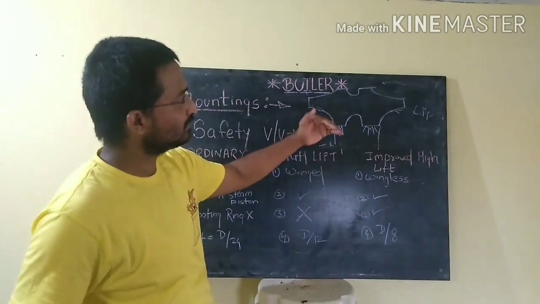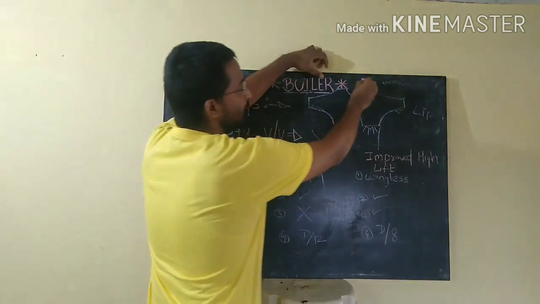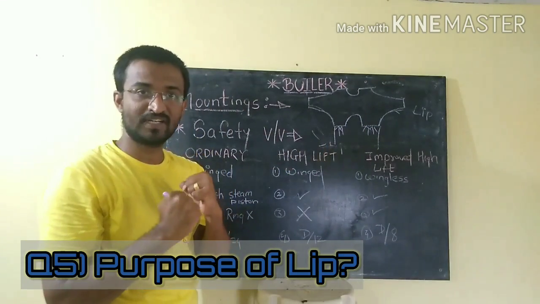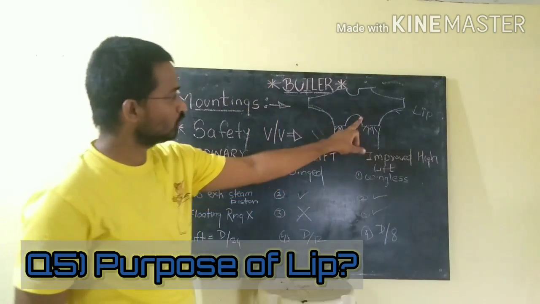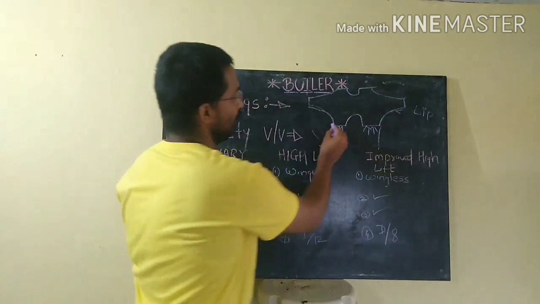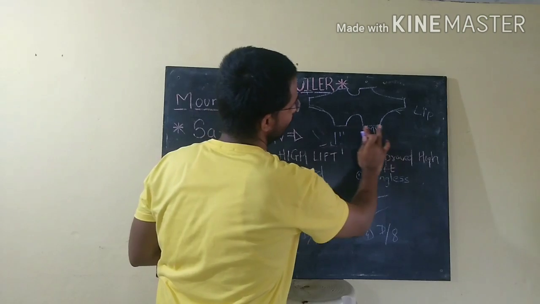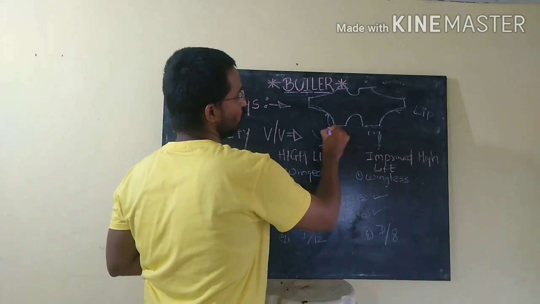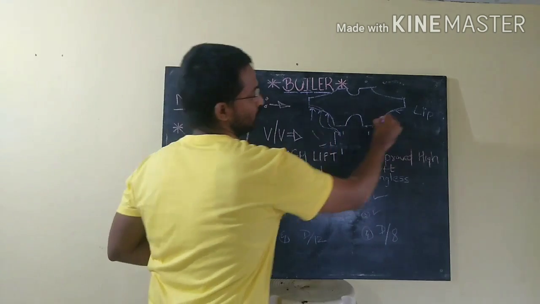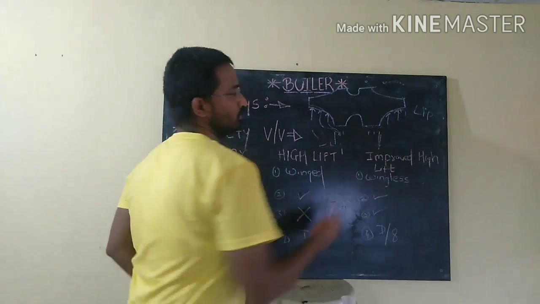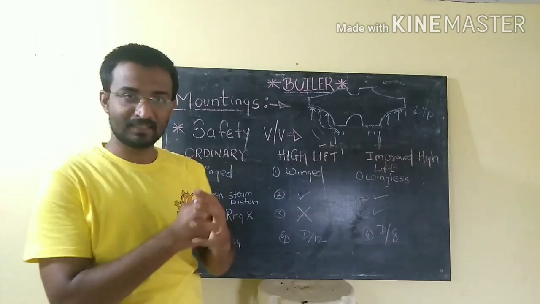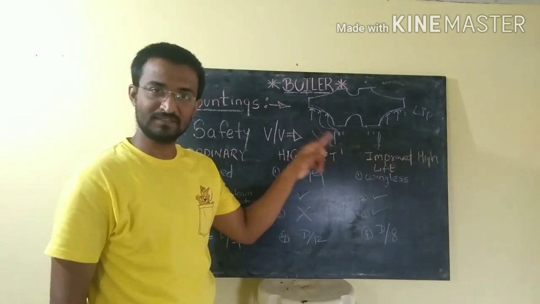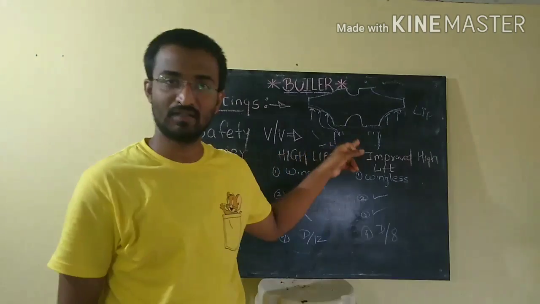But as it gets lifted, the upper spring will get compressed, so more force will be required to compress the spring. So this lip shape helps in that. Once it gets lifted, for example up to here, now the steam is applying pressure over here also. So the stiffness of the spring which has increased is compensated by this lip. So this lip is also a way to increase the lift of the safety valve.